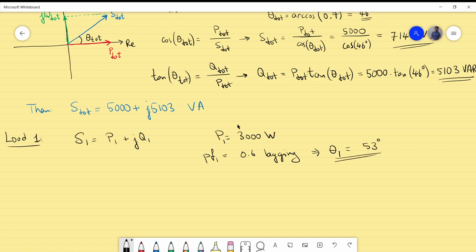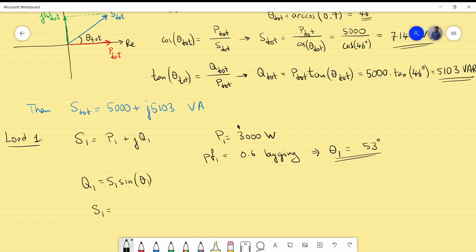Okay, that's actually for this situation. If I now follow the same procedure and calculate Q1, how do I calculate Q1? Q1 will be S1 times the sine of theta 1, and I don't know S1, so what is S1?